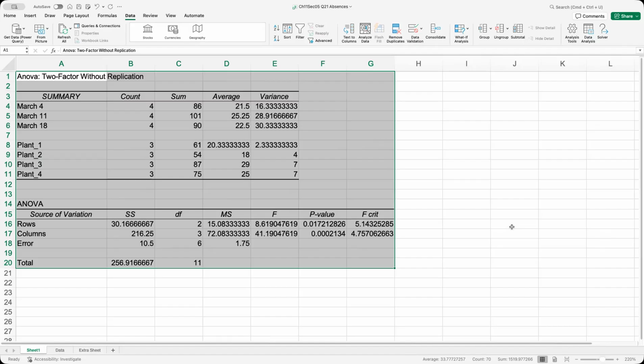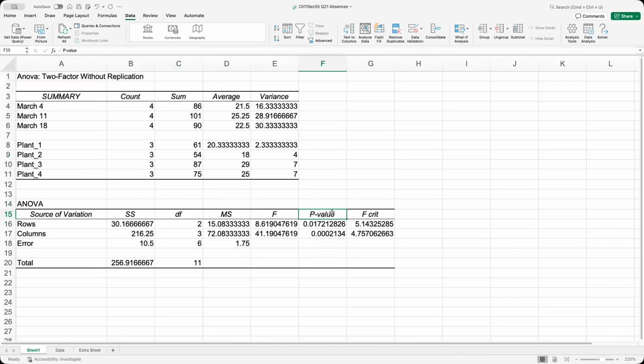Exactly. I have two p-values. Those two p-values are here. Based on the p-value that goes with the rows, what does that tell me?